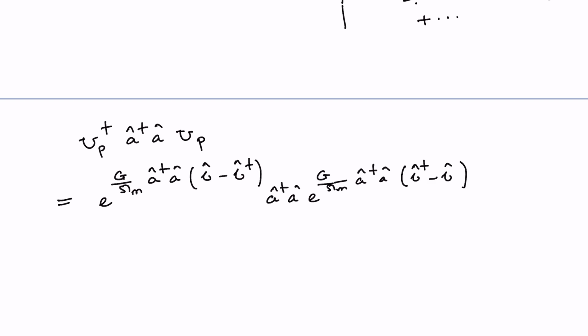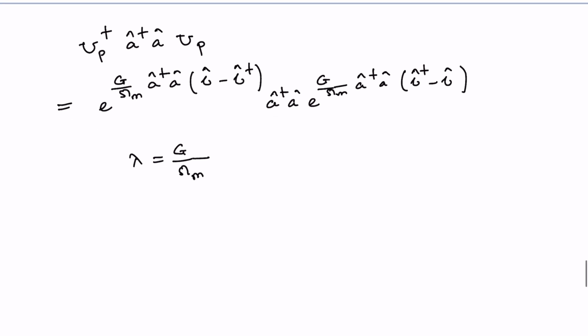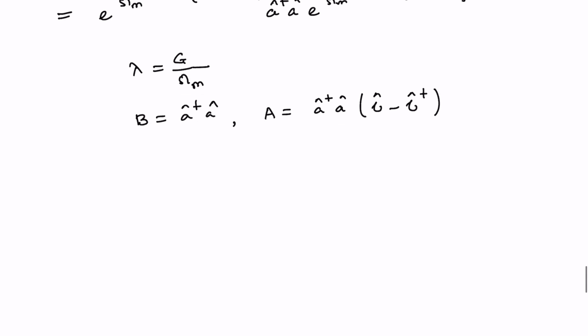So this is what I have. Now let me take λ = Z/Ω_m, and here I take B = a†a, and A = a†a (b − b†).